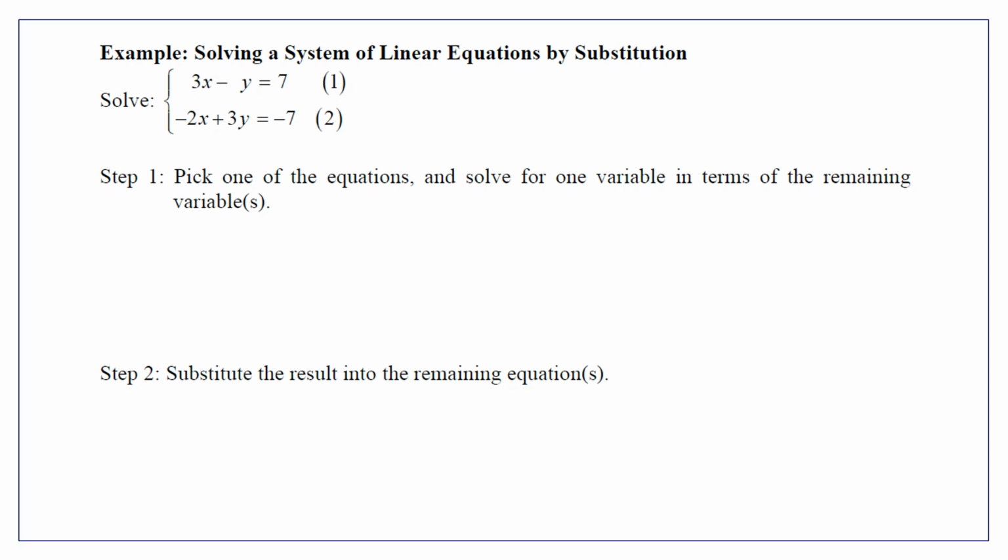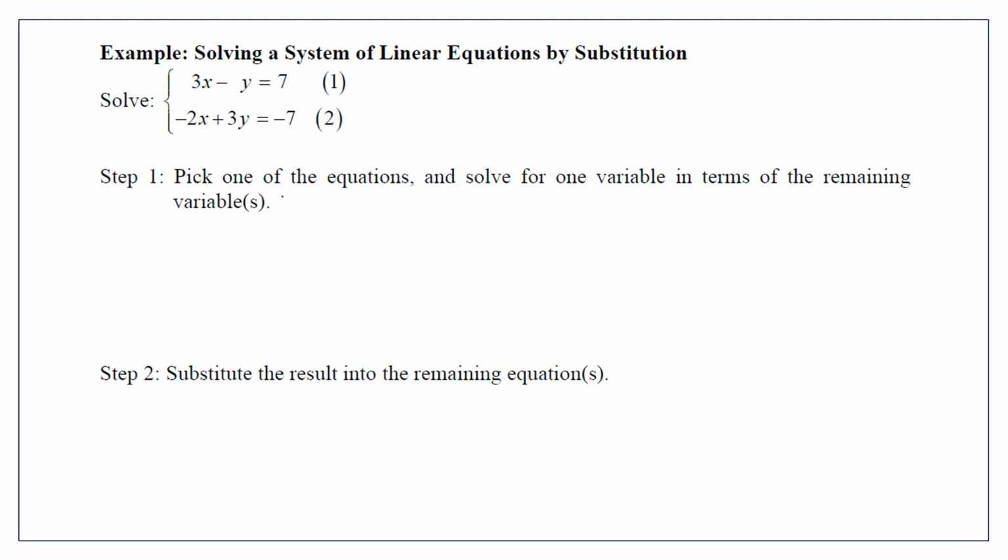So for step number 1, we're going to pick one of the equations and solve for one variable in terms of the remaining variables. Now, you can choose either equation, 1 or 2. I recommend going for the equation whose variable has a 1 or a negative 1, or whose variable has a coefficient that is a lower value.